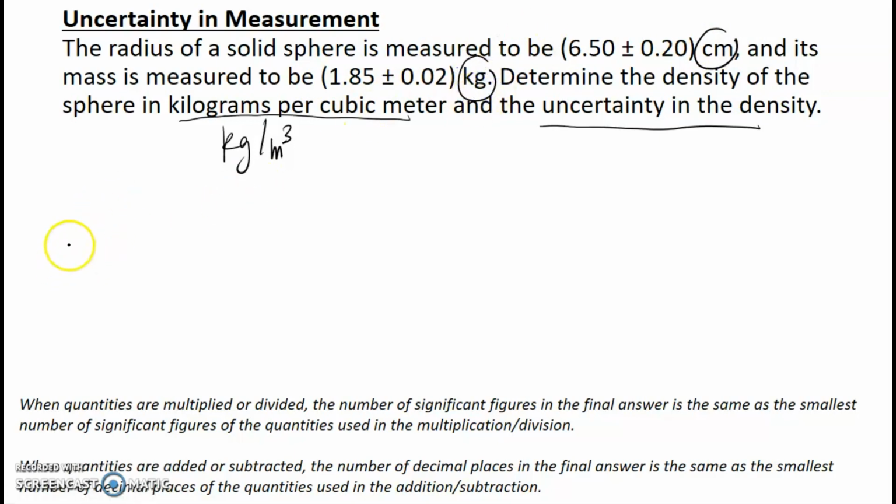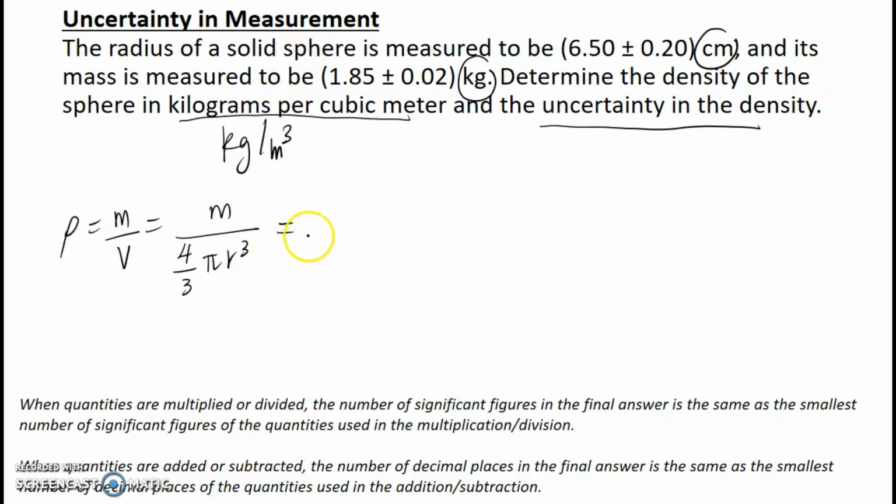So firstly, we're going to write down the equation to calculate density. Rho is equal to the mass over the volume. Because the provided information is the radius, we will change the volume into 4 over 3 pi r cubed, which is the equation to calculate the volume of a sphere.